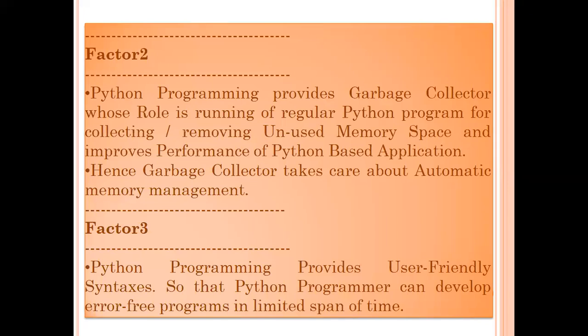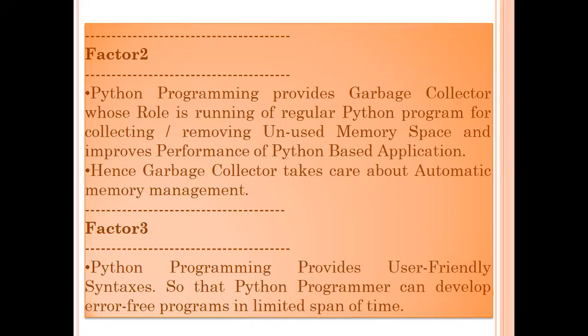So the second factor of simple is that it provides the garbage collector, which runs regularly along with the Python program, removing unused memory space and improving performance. So the garbage collector takes care of automatic memory management.